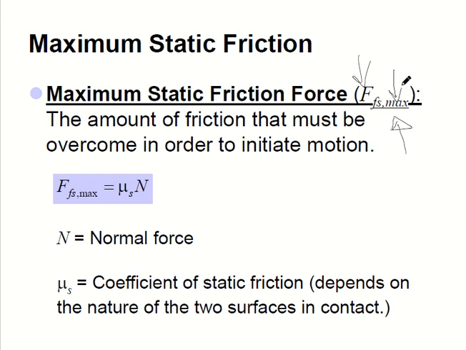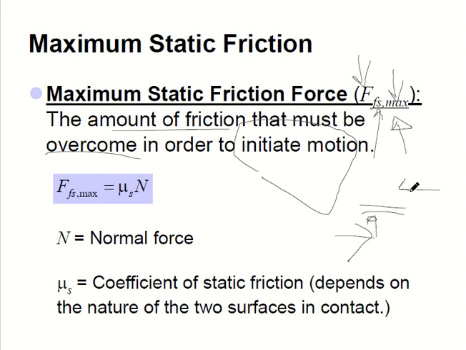This max tells us the friction force is static, and it is at maximum, meaning that amount of force has to be overcome if you want to start a motion. Between your two surfaces, you have a maximum friction that is opposing the motion.